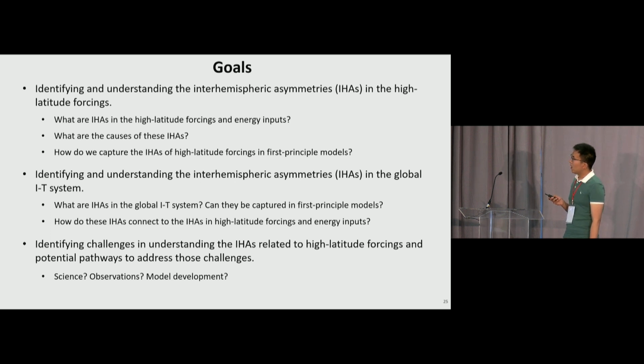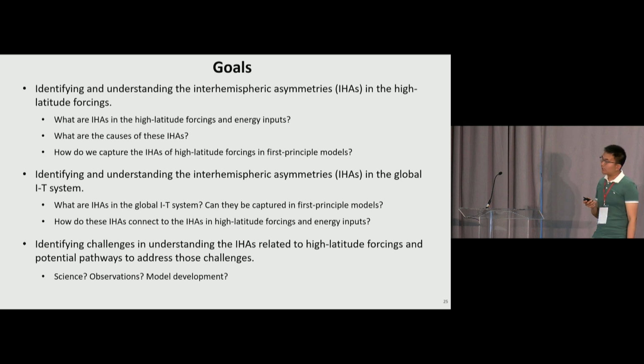What are the interhemispheric asymmetries in high latitude forcings and energy input, and what are their causes? Meanwhile, this morning session also tried to focus on improving the capabilities of how the GCMs or other models can capture the interhemispheric asymmetries in high latitude forcings.